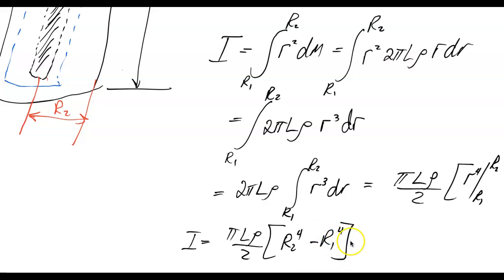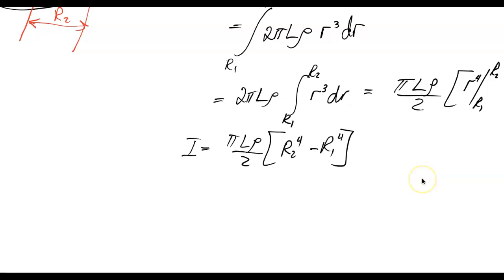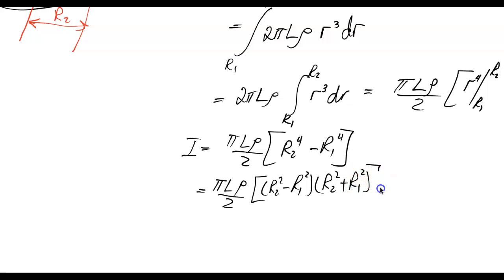And if you notice, that is a difference of 2 squares, so we can rewrite this as pi L rho over 2 times r2 squared minus r1 squared times r2 squared plus r1 squared.